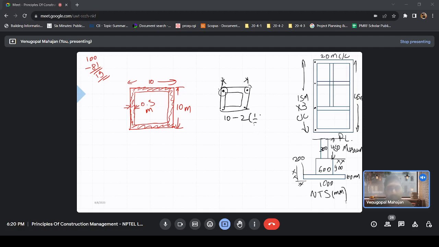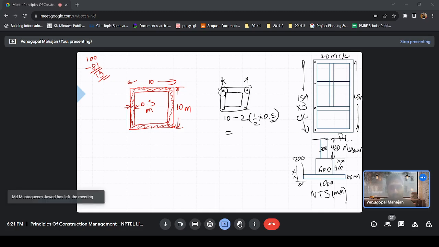See, why I am writing it in detail is just so you can imagine it. 10 was your outer edge. Yes, sir. Right? Now there were two corners, but if you have to go to the center, you are not reducing the whole width. What you are reducing is half of the width. So half of 0.5. But as you have got two corners for this line, you have to reduce it twice.